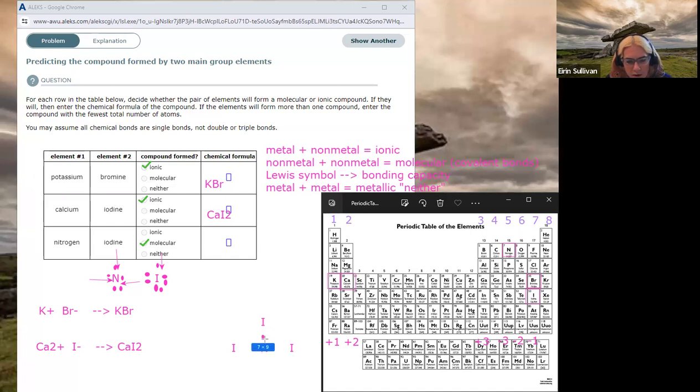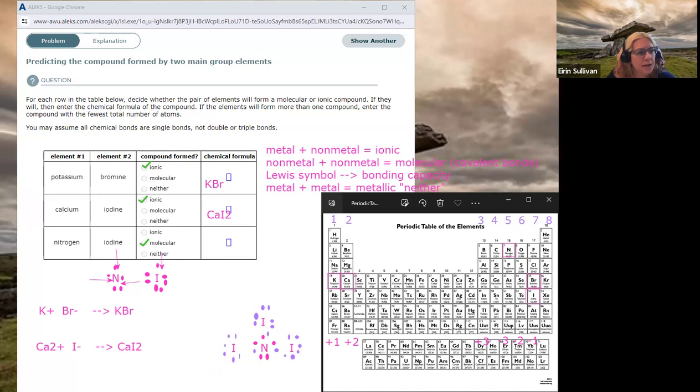So 1, 2, 3, 4, 5, and then iodine's coming in with their 7. 1, 2, 3, 4, 5, 6, and the 7th is going to be sharing here with the nitrogen. Same for this one, 1, 2, 3, 4, 5, 6, and then the 7th will be forming a bond here, and same with this one, 1, 2, 3, 4, 5, 6, 7. This is looking like one of those are-you-colorblind pictures now.